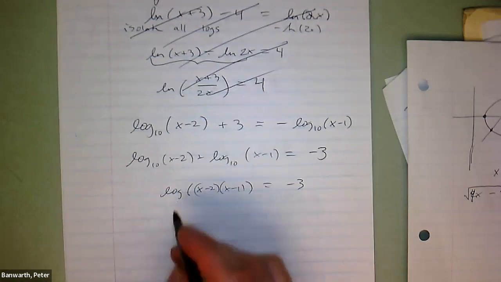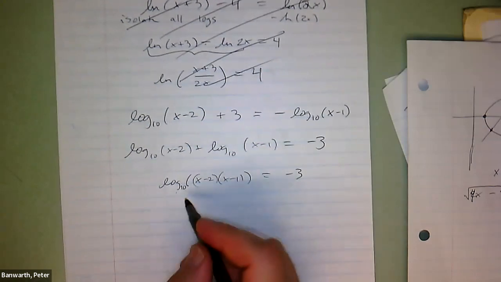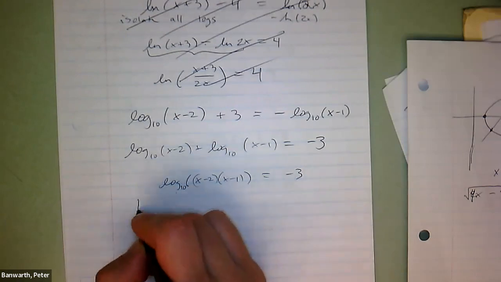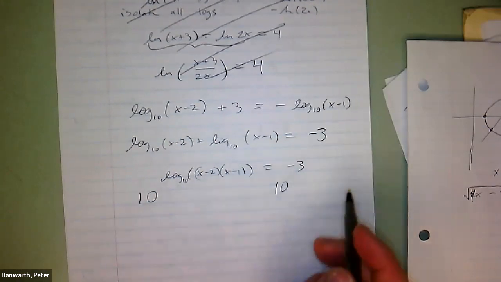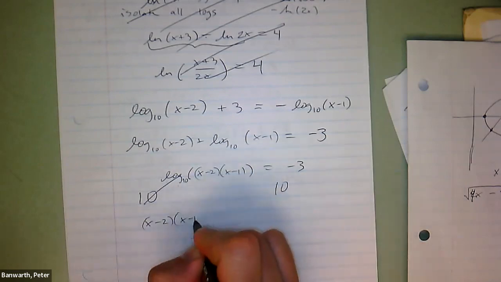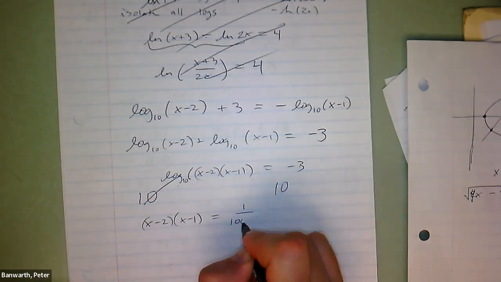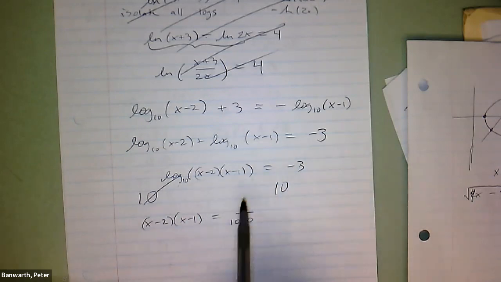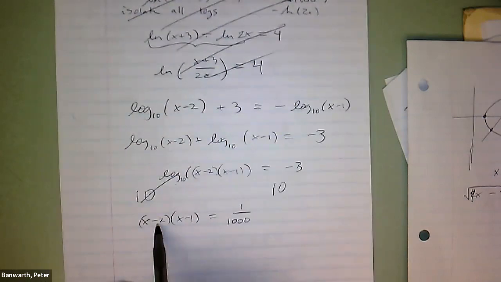All right, so now that I've done this, this is log base 10. I can raise everything to the 10, or put everything in the exponent of 10, and those cancel. And I get x minus 2 times x minus 1 equals 10 to the minus 3, which is 1 over 1,000. And I've gone from a logs equation to what ends up being a quadratic equation.